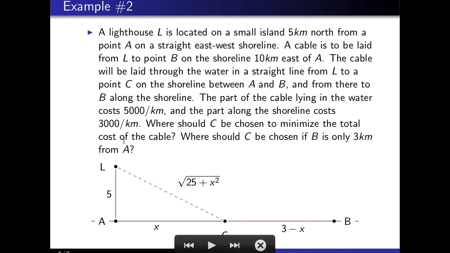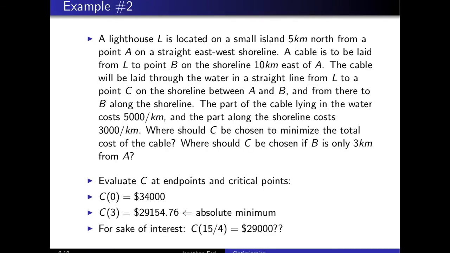So what that would mean is we would be paying out money to lay the cable between the lighthouse and some point after B, but then we would be getting money back for laying the cable between that point and B, which clearly makes no sense. But if we hadn't remembered to consider that 15/4 isn't an allowable point here, we might have made that mistake.